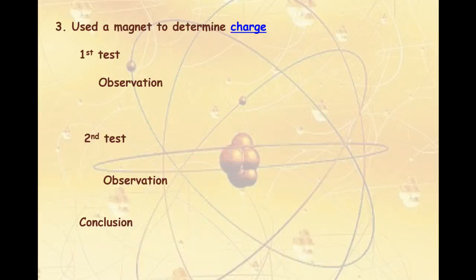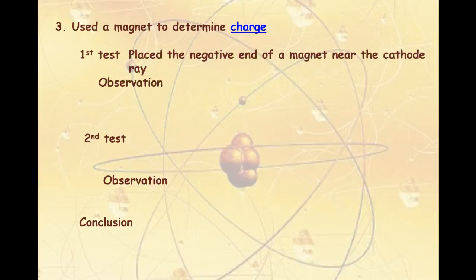So here's what J.J. Thomson did. He used a magnet to determine the charge. The first test was that he placed the negative end of a magnet near the cathode ray. Well, he hypothesized the cathode ray was made up of negative charge. Well, what do you know happens when you put negative charge near negative charge?